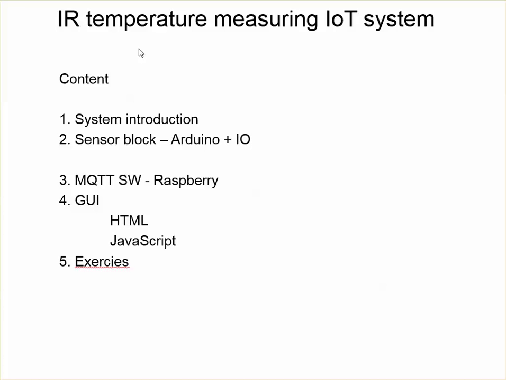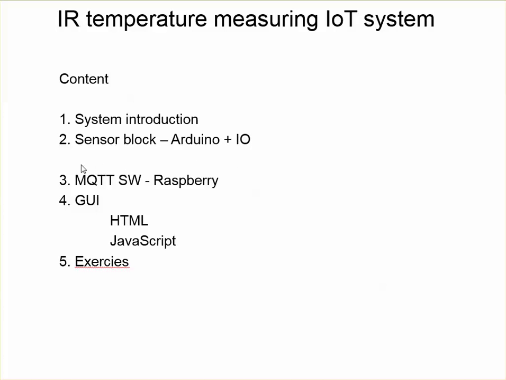In this presentation, we'll first go briefly through the system introduction, then we'll go through how this Arduino sensor side is working, how the code is working, and how to connect these sensors to our system.